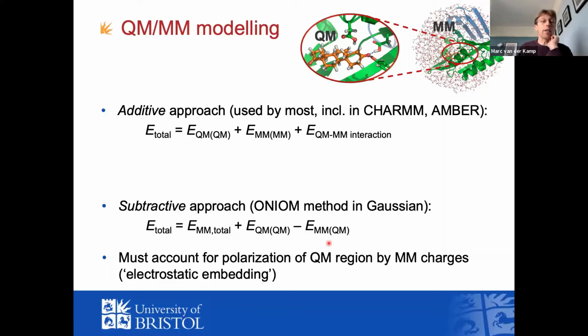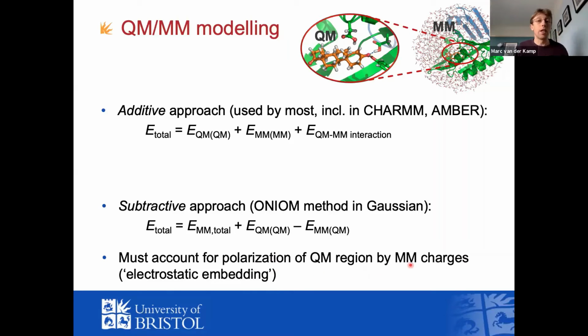So that relies on this term to be a reasonable description, which may not be so easy to do because that relies on using an MM method for your QM region. In both cases, and this really is almost virtually always the case in any implementation of the additive approach, in ONIOM you can choose this, and it's now the more standard approach to use. In both cases, it's very important to account for polarization of the QM region by the MM charges.